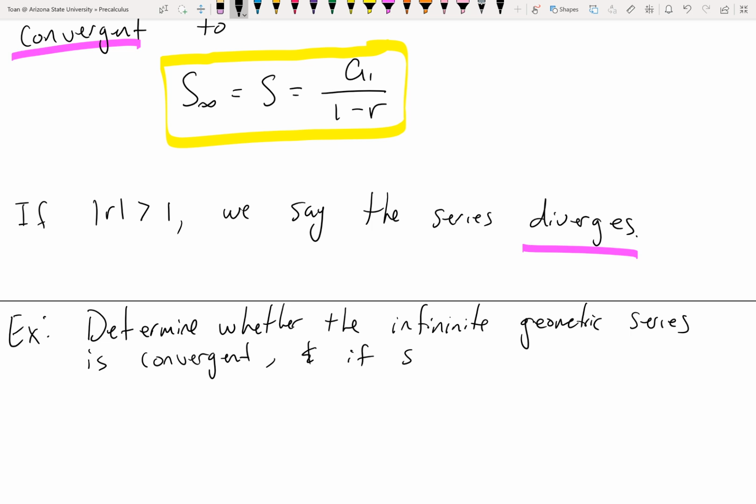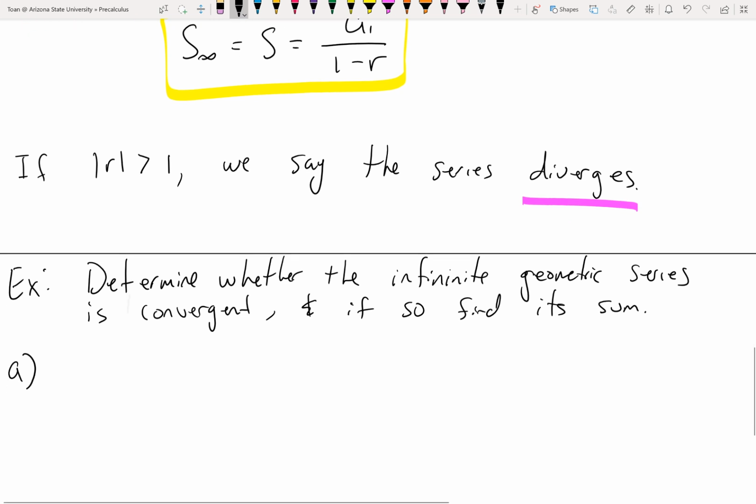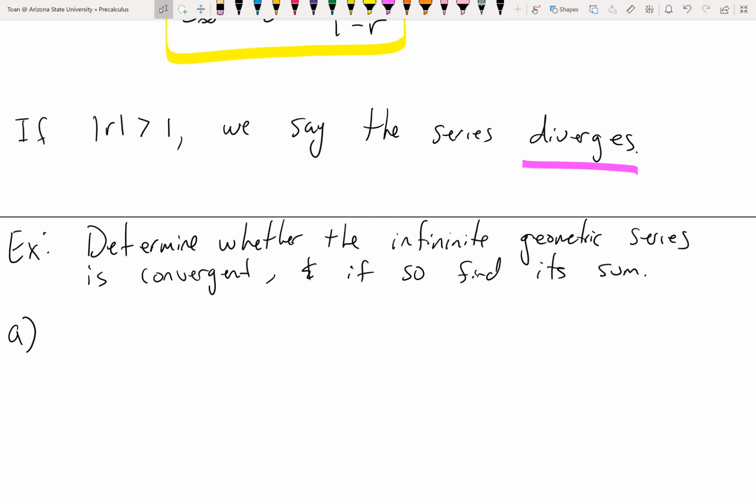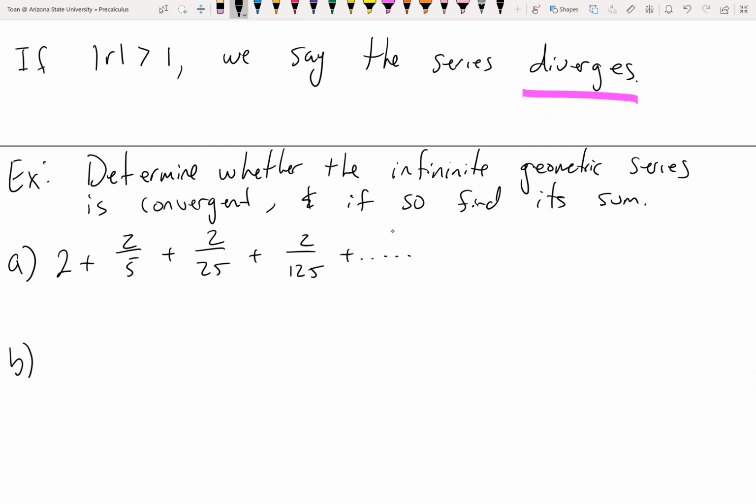And if so, find its sum. So letter A, the first series is 2 plus 2/5 plus 2/25 plus 2/125 plus and so on and so forth. Part B is 1 plus 7/5 plus 7/5 squared plus 7/5 cubed plus and so on and so forth.